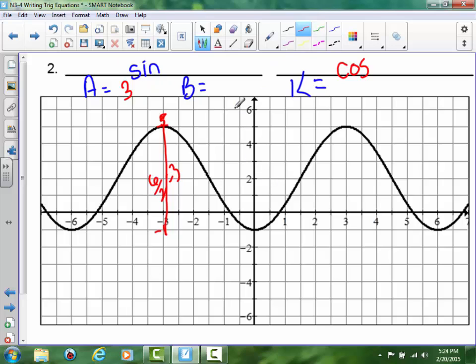B is 2 pi divided by the period, so we need to find out what the period is. I find it usually easiest to just start at the top of one wave and count my way over to the top of the next wave.